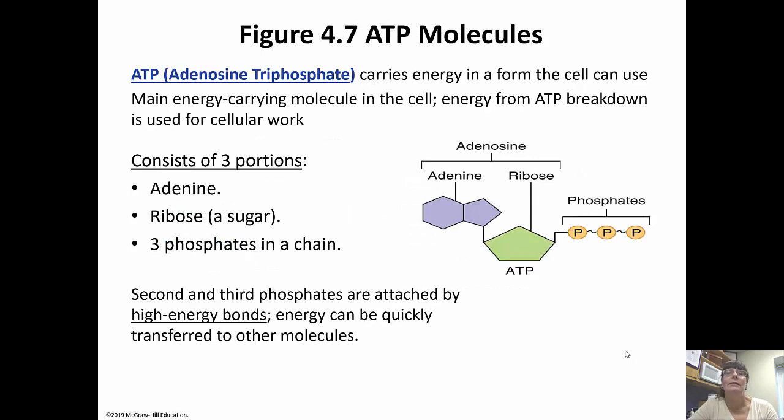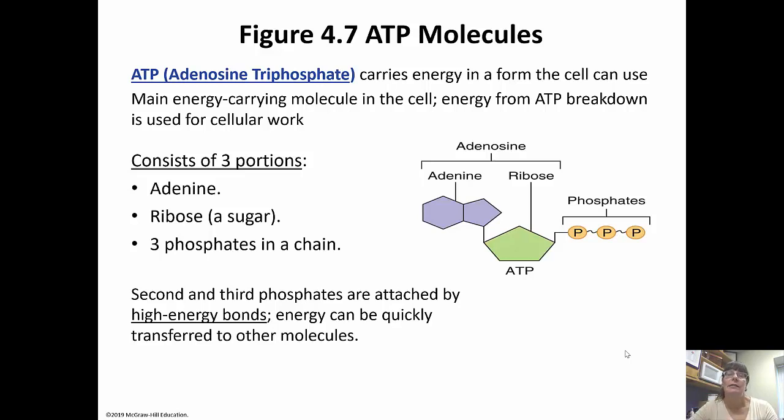So ATP, as I just said, is generated from cellular respiration and carries energy in a form that the cell can use. So ATP is known as the currency of the cell because it's the energy of the cell. ATP is adenine, which remember is a nitrogenous base, ribose, which is a sugar, and then 3 phosphate groups attached to it.